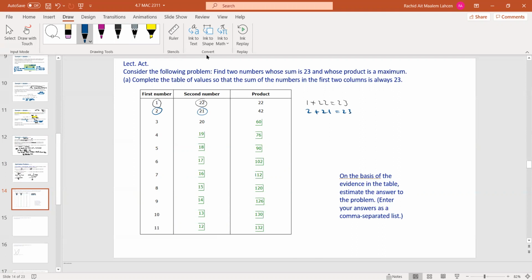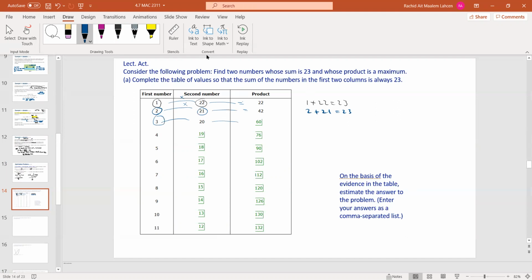So the numbers add up to 23, but their product is a maximum. When you do 1 times 22, you get 22. 2 times 21, you get 42. 3 times 20. So I completed with these numbers, and we keep going.